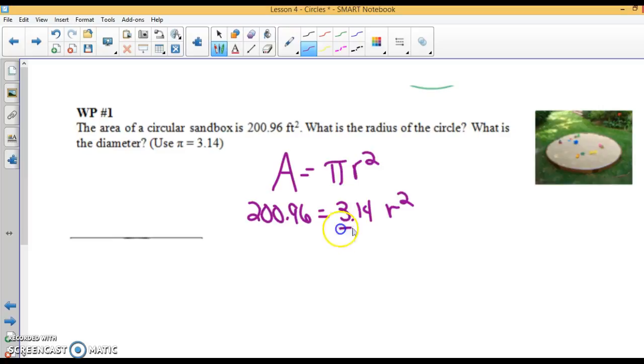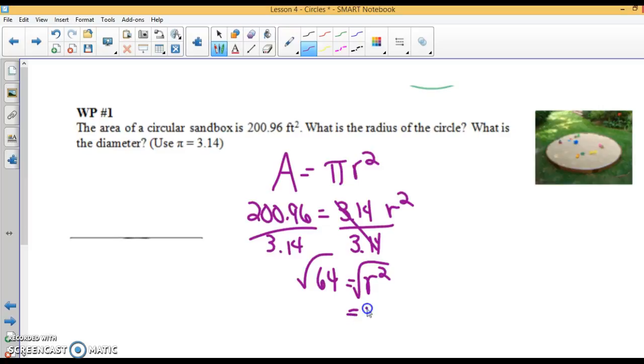Well, what am I going to do here? I'm going to divide both sides by 3.14, because we're solving an equation. We end up with 64 when we divide both sides by 3.14. Now, we do not want to solve for r squared. We want to solve for r. So, I am going to take the square root of both sides.